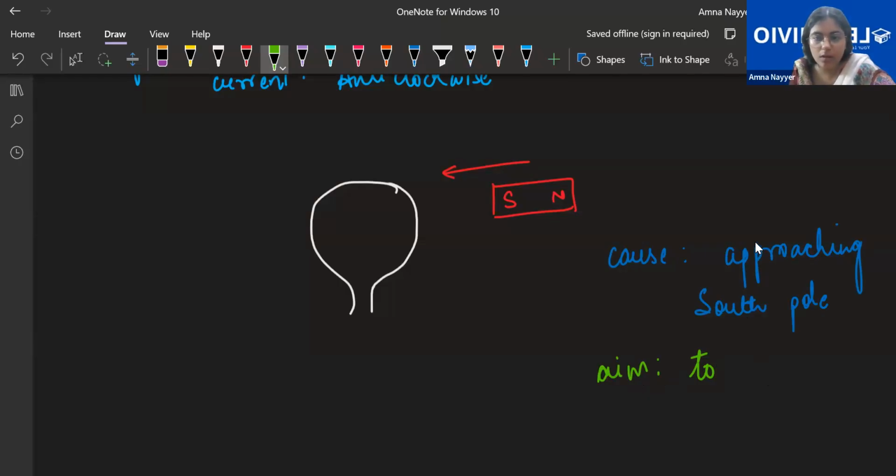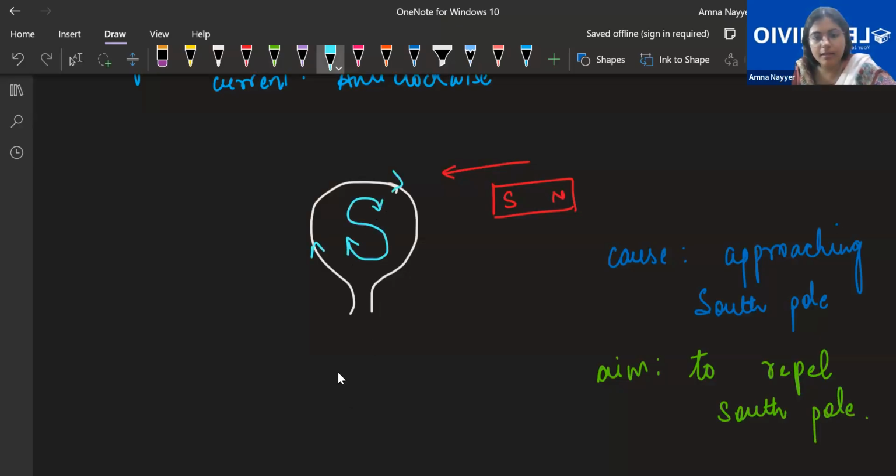To produce a south polarity, to repel the South Pole. The cause is this, and the aim means you're just opposing it. So if this develops a South polarity, look, this is clockwise. So clockwise is the direction.